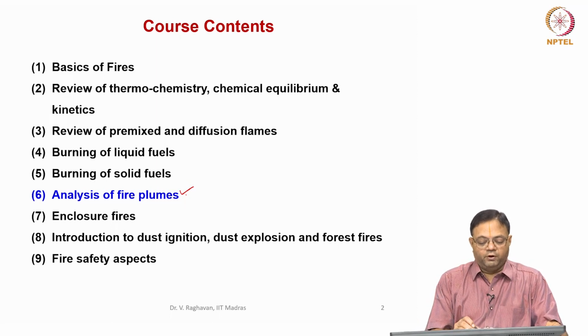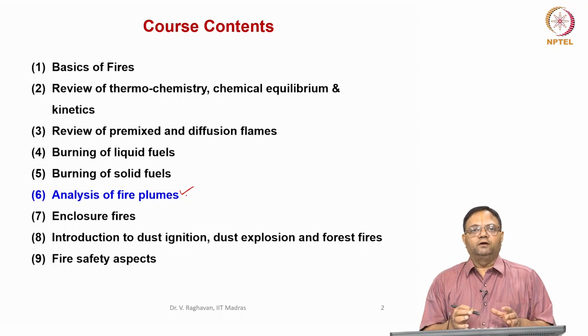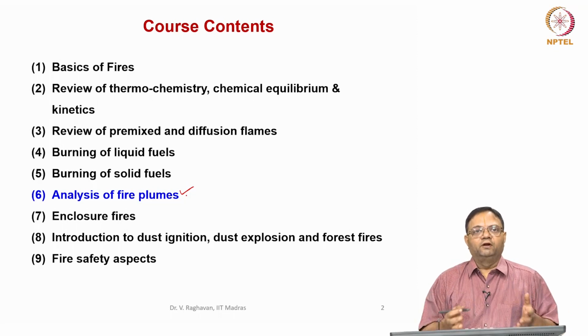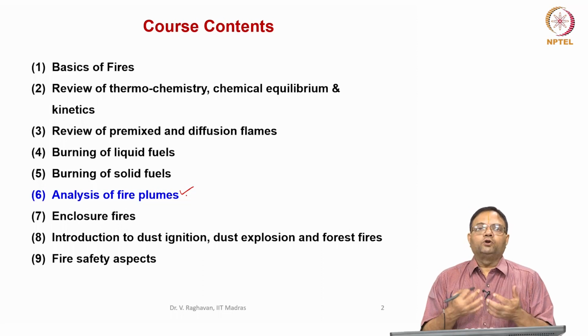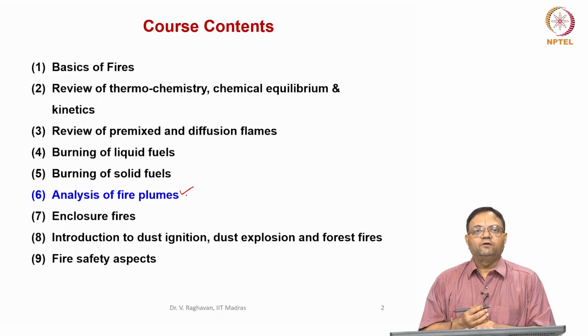So for example, based upon the strength of the fire, the buoyancy driven gas flow, the hot gas flow will be much stronger. So if the fire itself is not so big, then the plume will be weak. So in order to detect the fire, you put sensors at the ceiling, etc. How fast the plume is transported towards the sensor will be the important factor for detecting the fire as soon as possible.